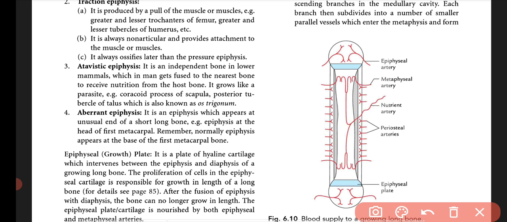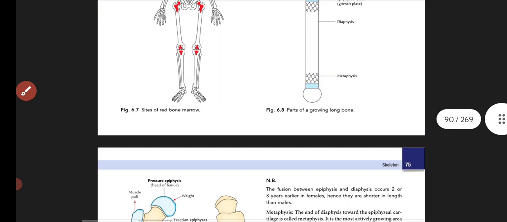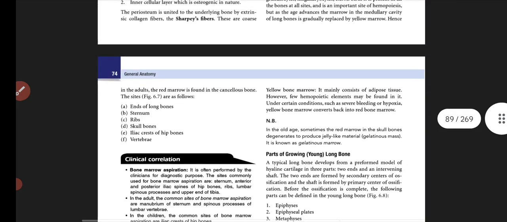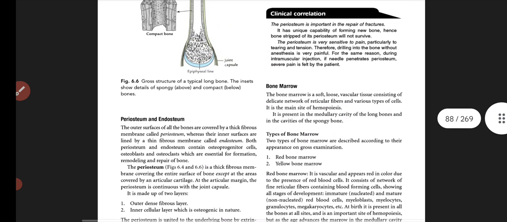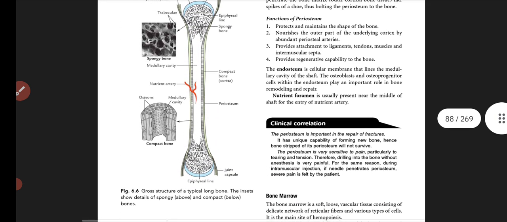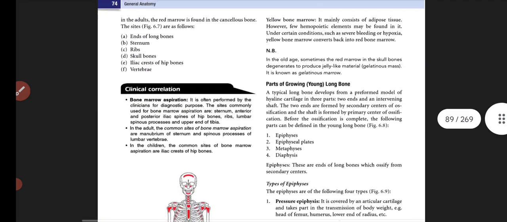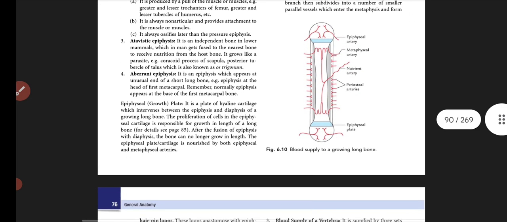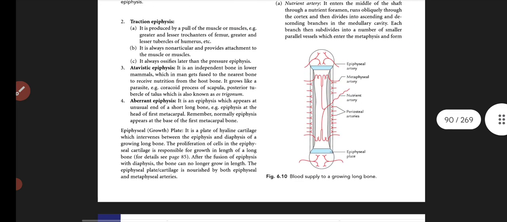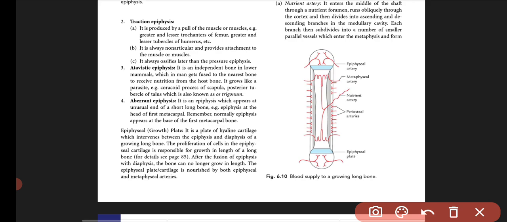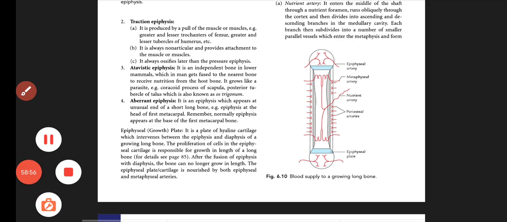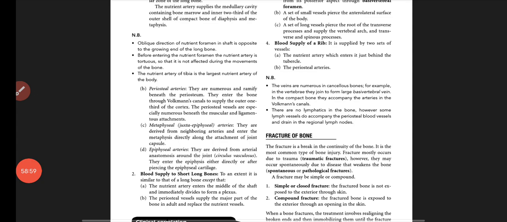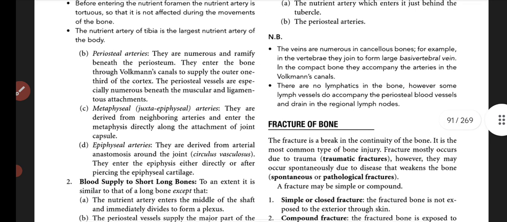Previously we learned about the nutrient foramen. Next one is the periosteal artery.